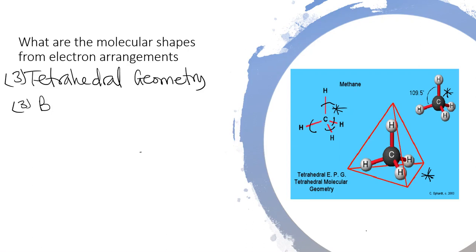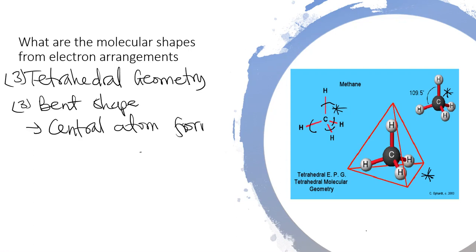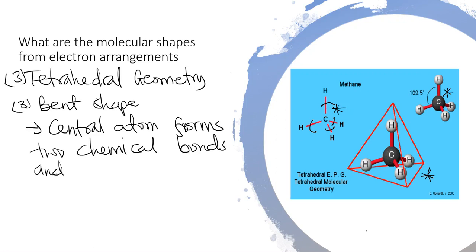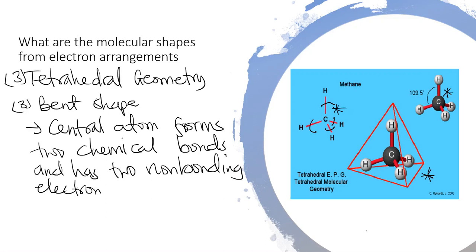So in this shape, the central atom forms two chemical bonds and has two non-bonding electron pairs.